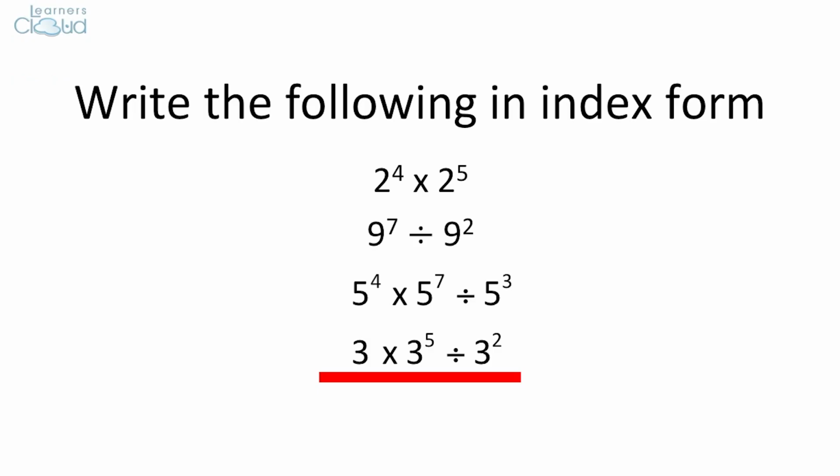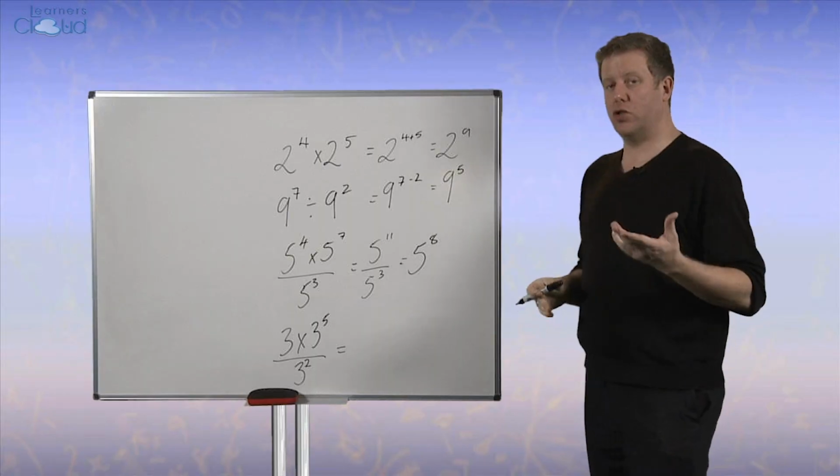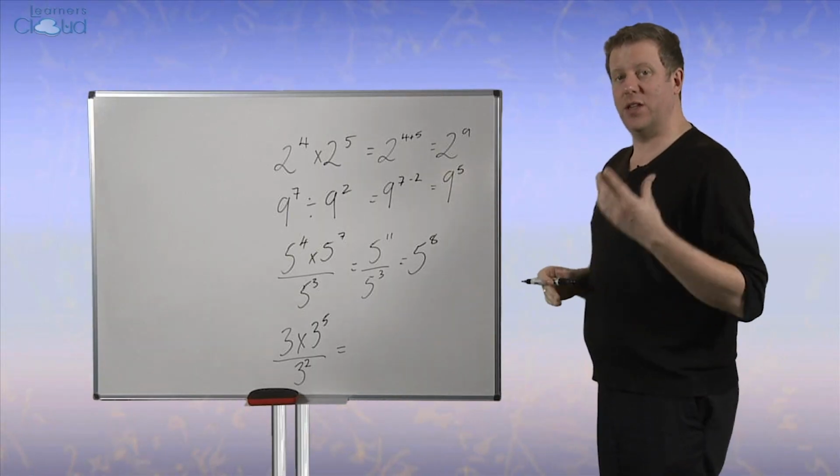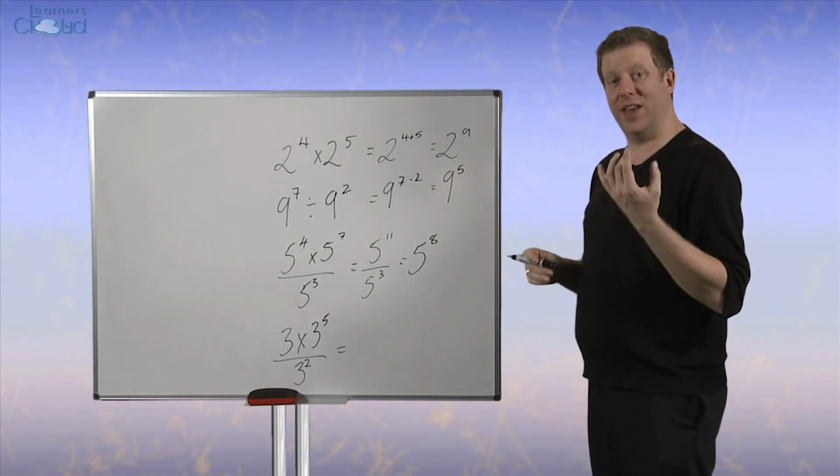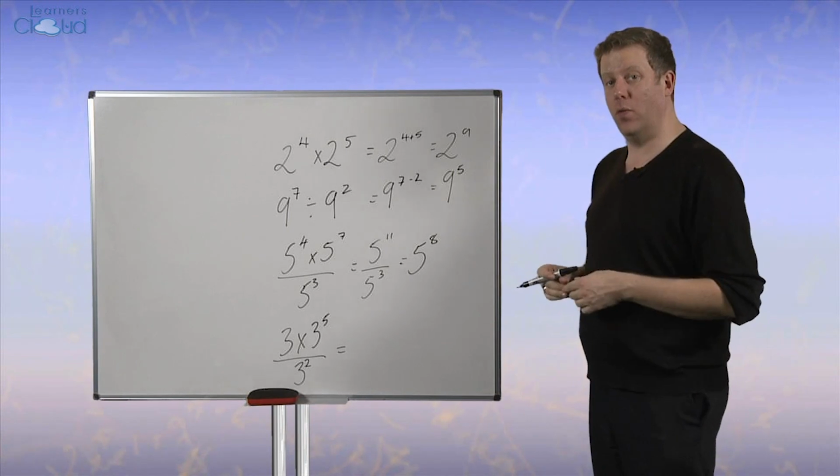And one final question, 3 times 3 to the power of 5, all divided by 3 squared. Now the common trap people fall into in this one is when there's no power there, they forget that it is in effect to the power of 1.